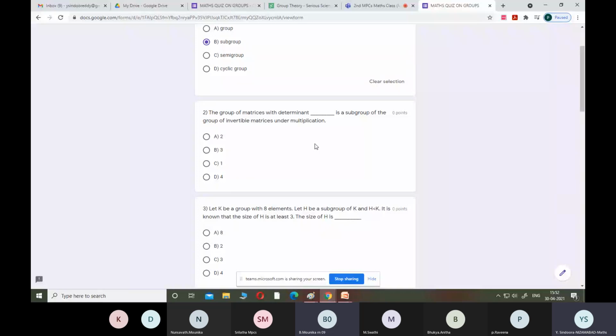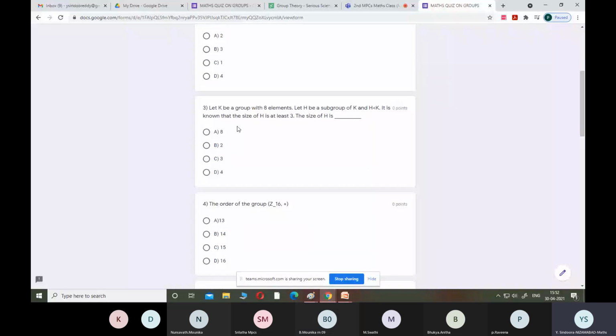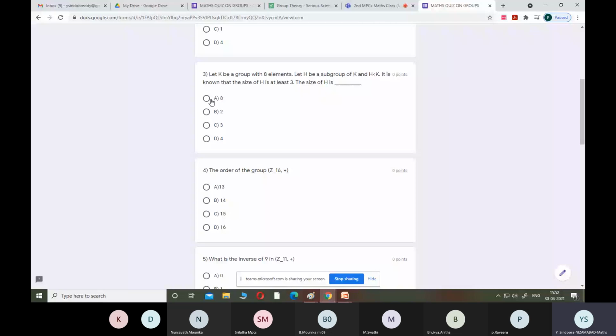Under multiplication, the determinant of a matrix, general linear. Okay, fine. I'll explain this question. Now, let K be a group with 8 elements.